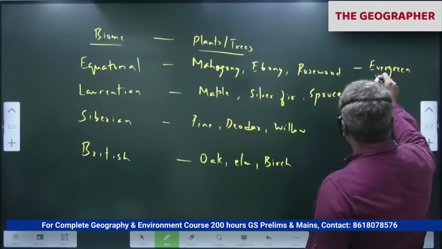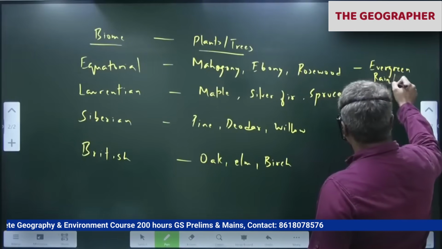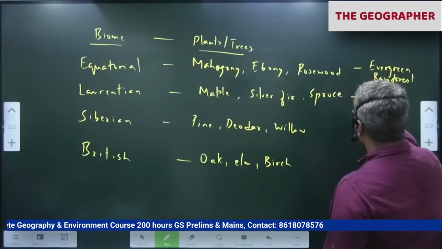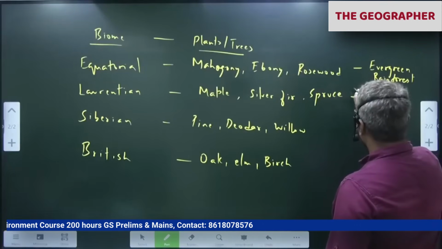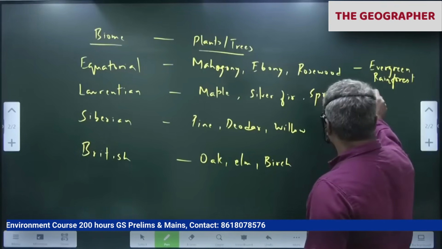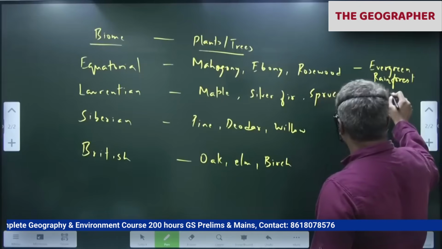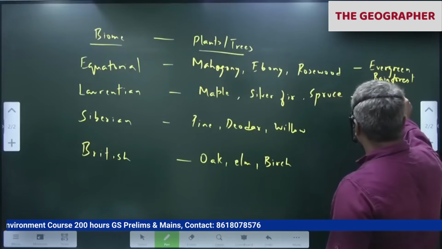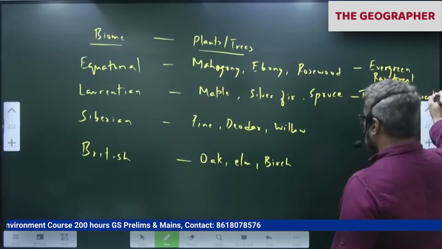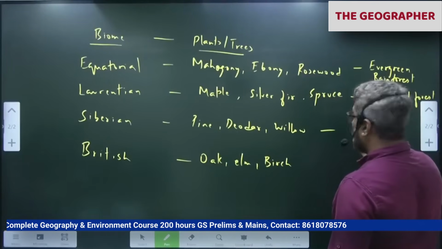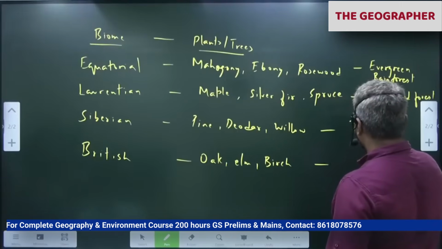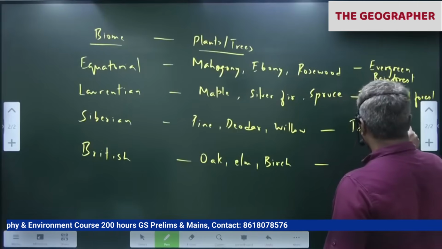Equatorial is evergreen rainforest. Laurentian is mixed forest, temperate mixed forest. This also we can expect in the exam. Temperate mixed forest is called mixed forest biome, Laurentian. Siberian is called taiga biome or boreal.